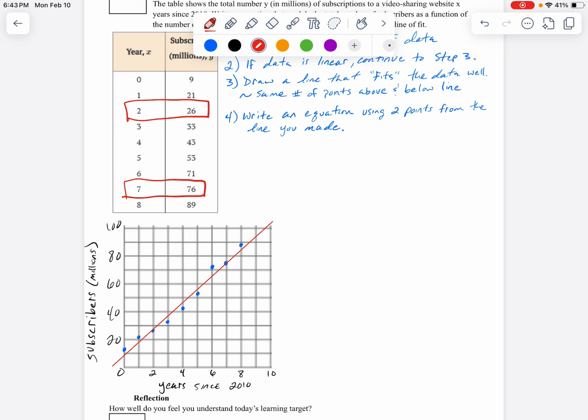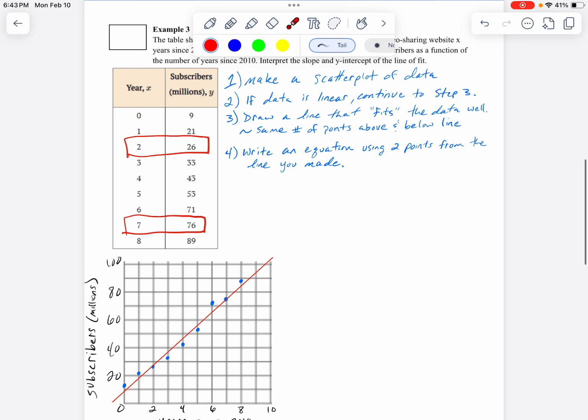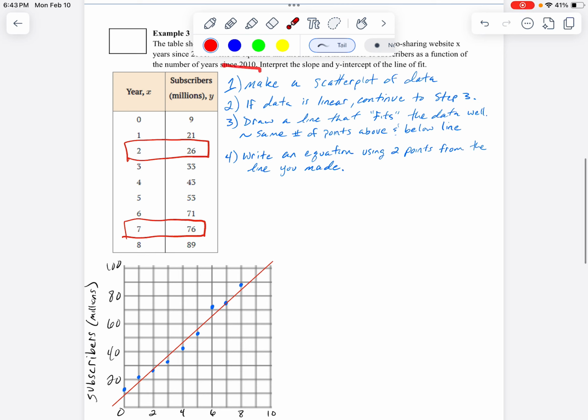This should be what we've already done in the past. We've got 2 points. We've got an x and a y, and another x and another y. So just like we've done before, we're going to find the slope, and then we're going to write the equation of our line. The only stuff that's really new is plotting these points and drawing a line.